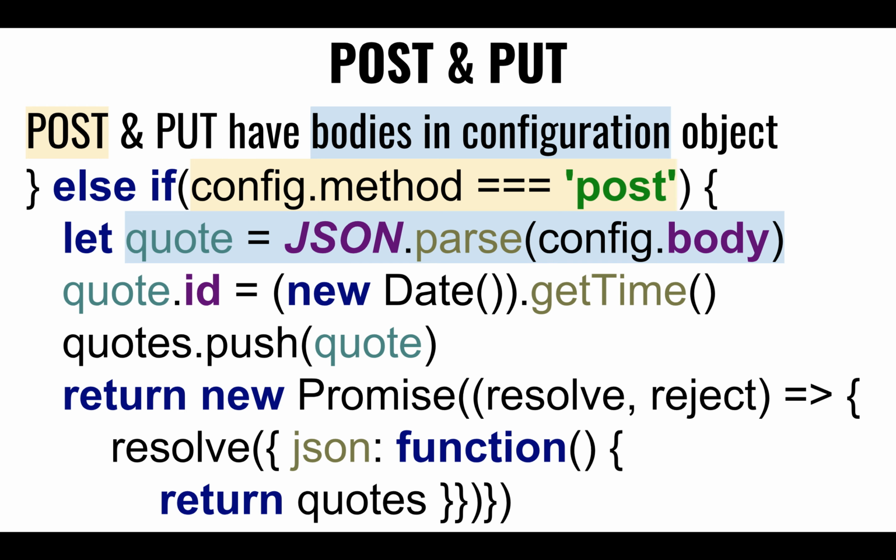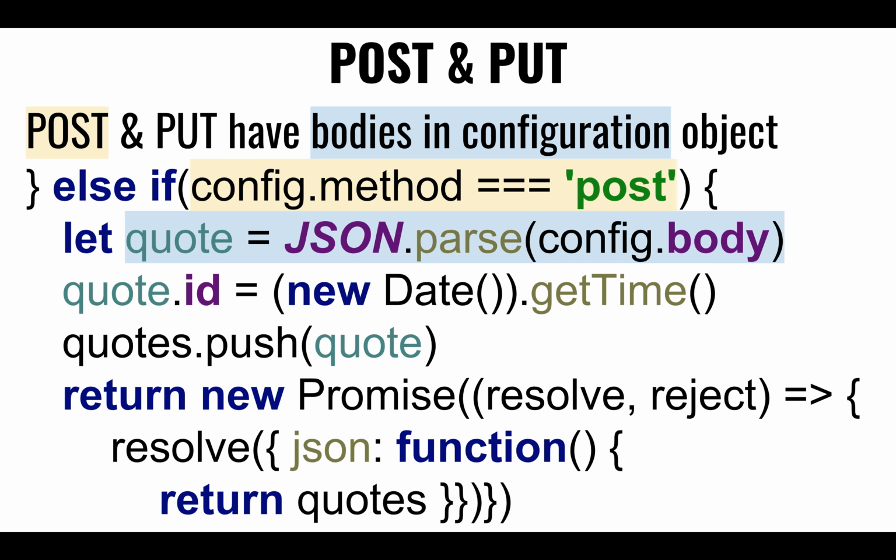The other one is if it's a post. Now, in this post, we would like to be able to make the service believe that it is indeed sending a JSON object through HTTP, but there's no such thing. Instead, what we're going to do is take in the config.